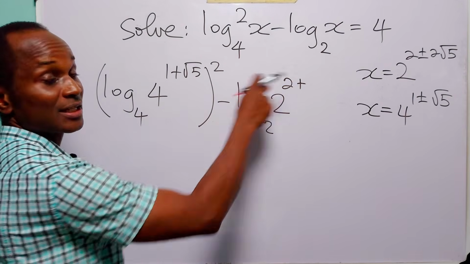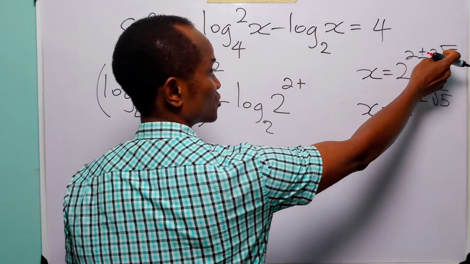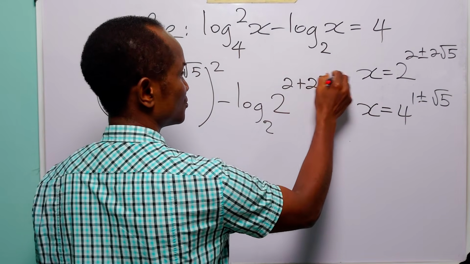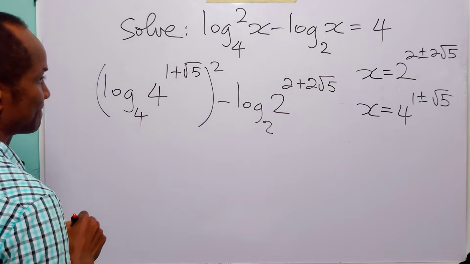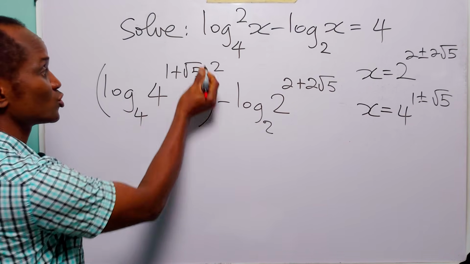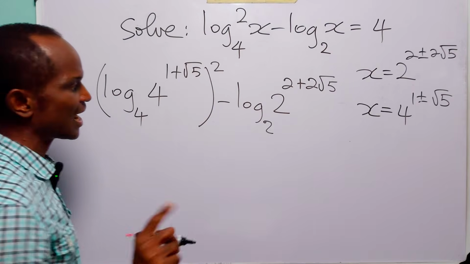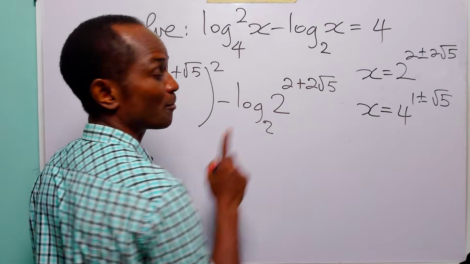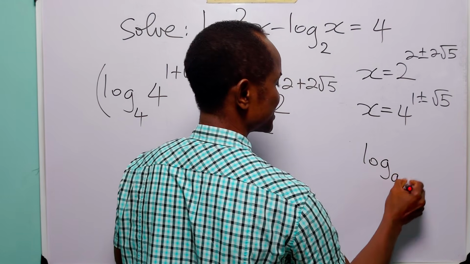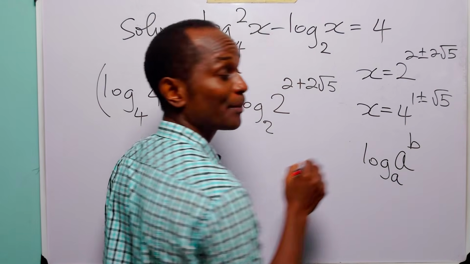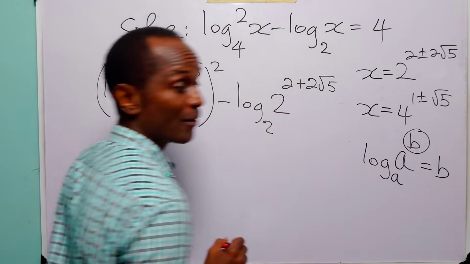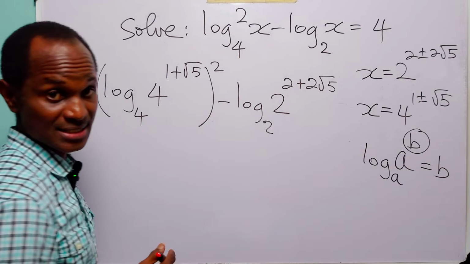We are taking the first value of x, that is 2 plus 2 root 5, or 1 plus root 5. Of course, you can see that we have log to base 4 of 4 to some power, and here we have log to base 2 of 2 to some power. Remember that when we have log to base a of a to some power b, this is simply equal to the power, which is b in this case.